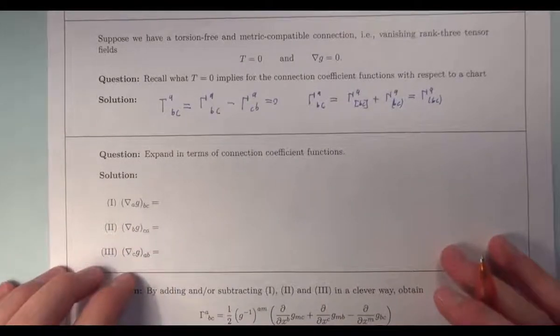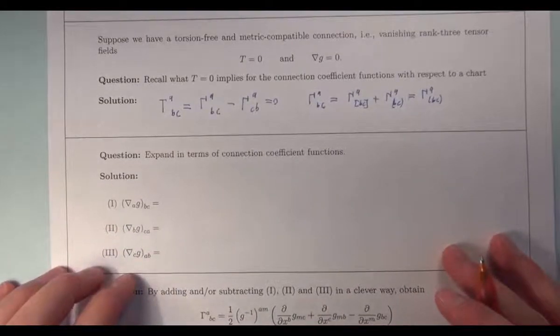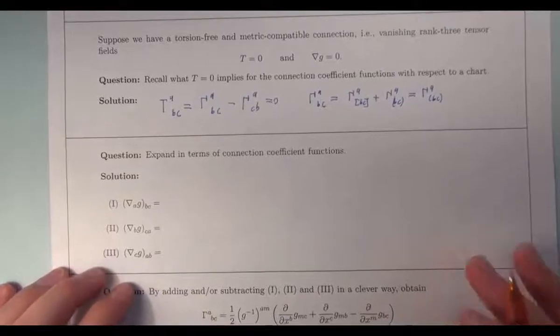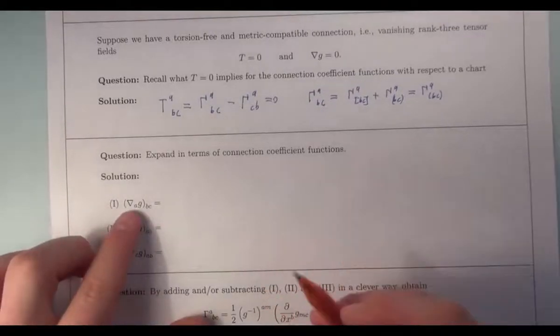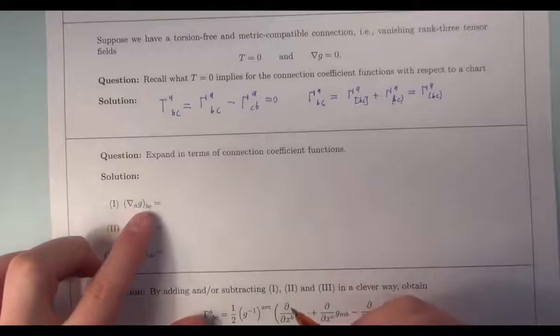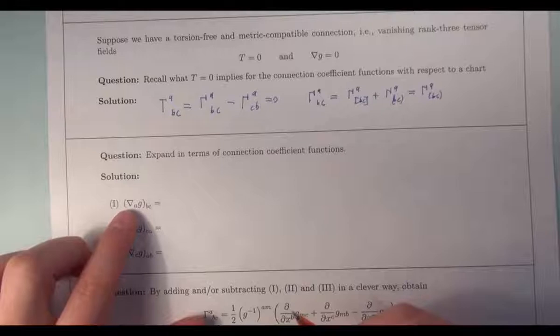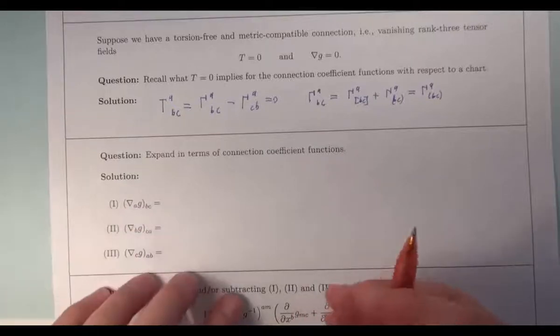Question 2. Expand in terms of the connection coefficient functions. Here we are asked to do the covariant derivative of a (0,2) tensor field g with respect to the basis vectors of the vector space.